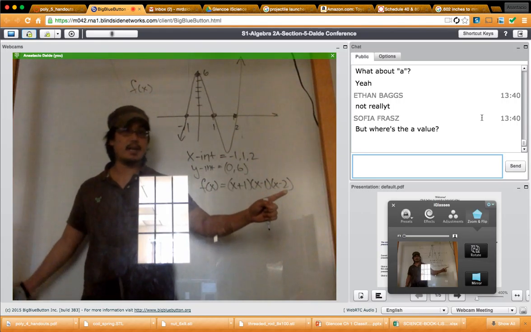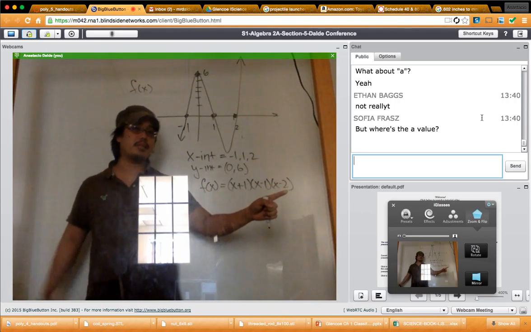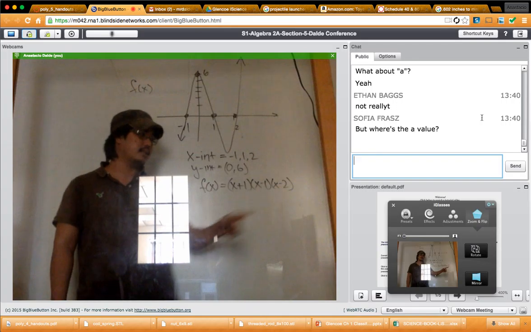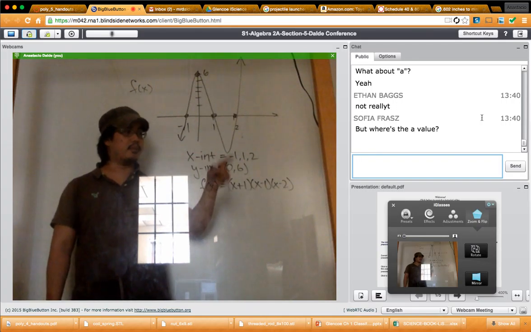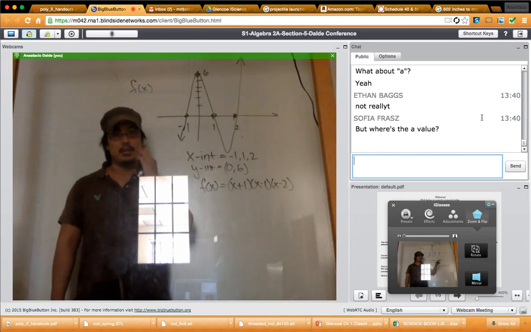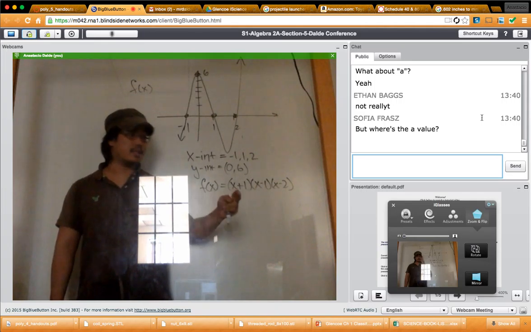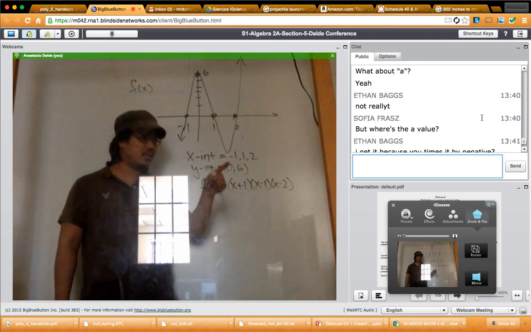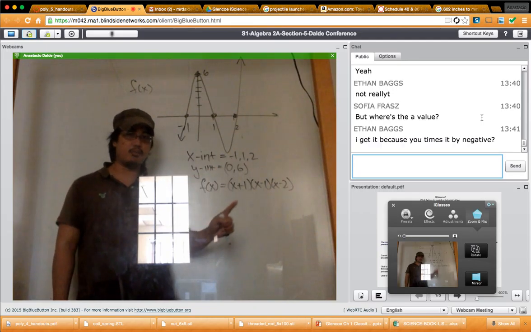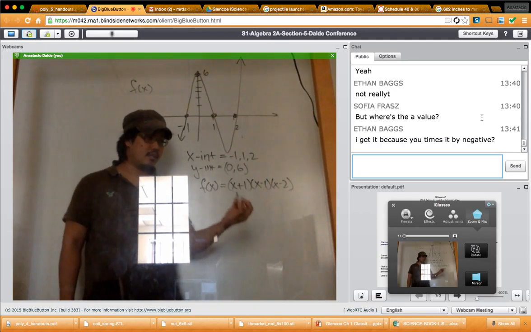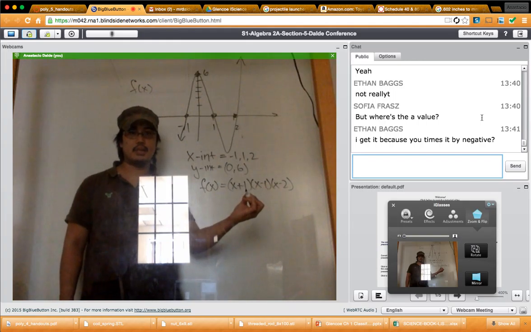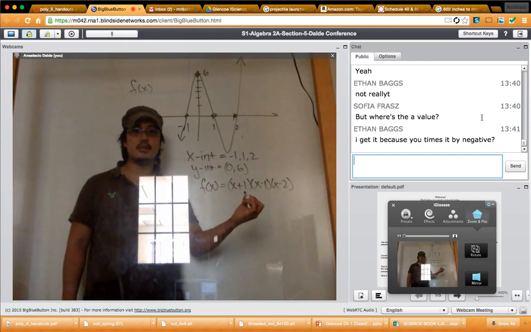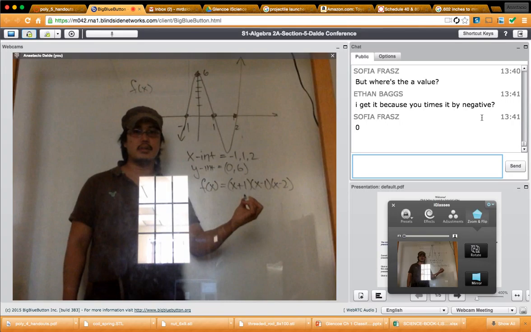Ethan, what I'm suggesting is that this is the right form of the answer. It's not necessarily the right answer, but it's the right looking answer, based on the idea that my x-intercepts are at -1, +1, and 2. In quadratics, we just went straight from here to there immediately, and so I'm kind of doing it backwards. If I plug -1 into this equation, then -1 plus 1 is 0, right?